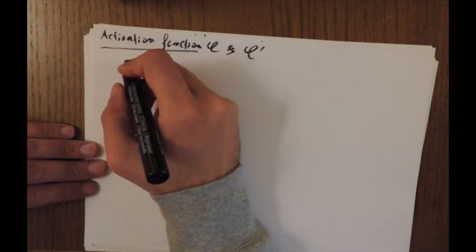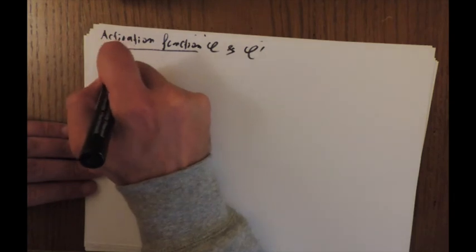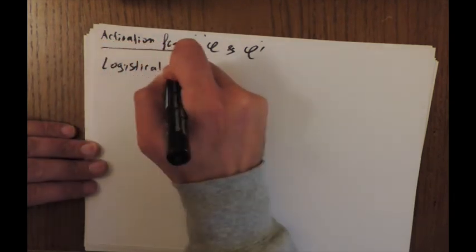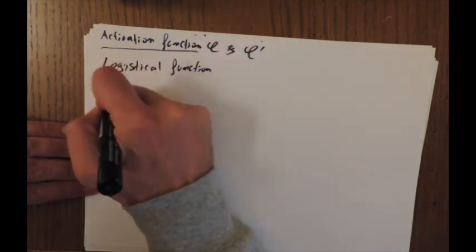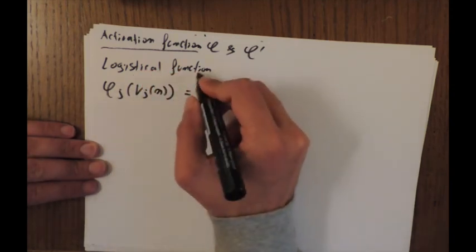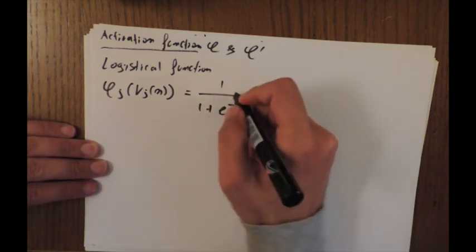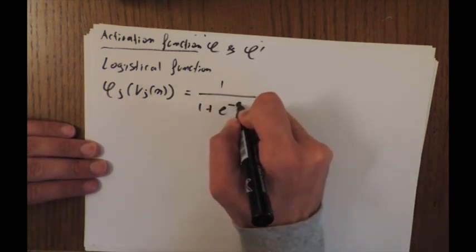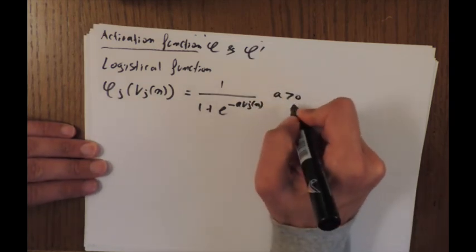So first we're going to consider two different examples. We have the logistic example, and we have the hyperbolic example. In case of the logistic function, we have the following formula. Phi j of vj of n is equal to 1 over 1 plus exponential of minus a vj of n, where a is greater than 0.